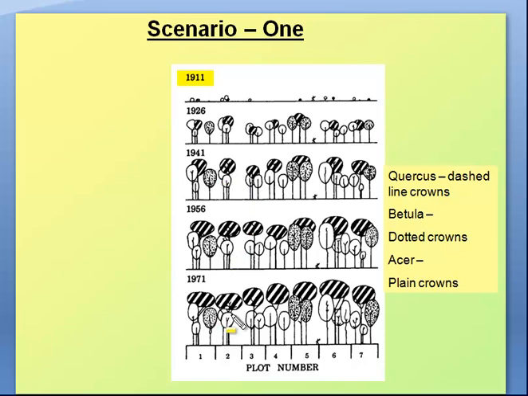Let's jump to 1971 and look at that. It looks like an oak forest with an understory, or lower intermediate trees, of yellow birch and maple. Not so. So it's kind of interesting how you can perceive these types of forests as one thing and then something else totally occurred.